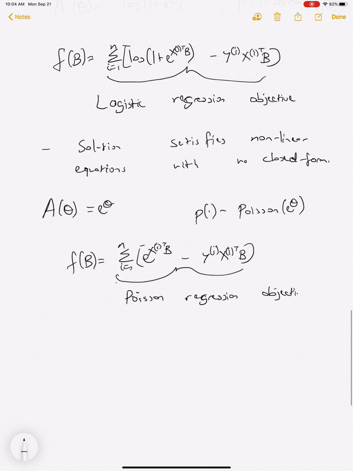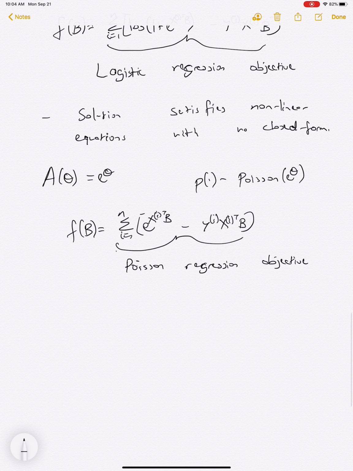For obvious reasons, because we're starting with a Poisson distribution, and again we get no closed form.